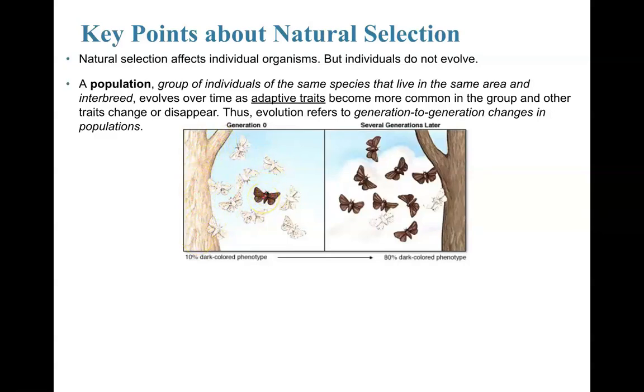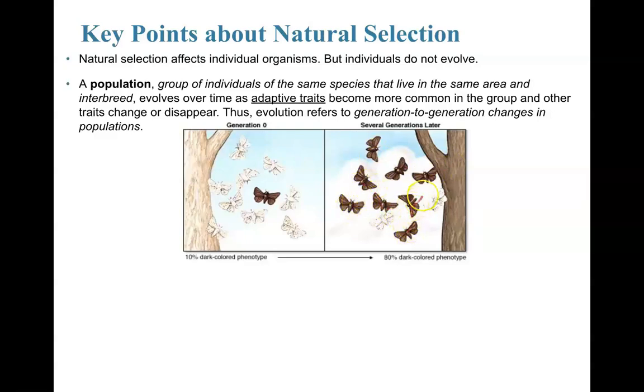Okay. Well, then let's say that several generations later, the environment changes and that tree turns from a white color to a darker color. Well, now that that tree is a darker color, that brown allele that that moth originally had is now more successful because they're able to blend in with their environment. So that allele, that brown allele, giving the brown phenotype, it is going to be selected for.